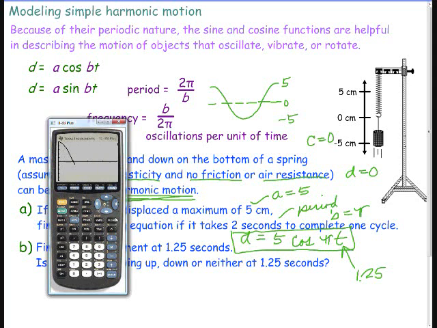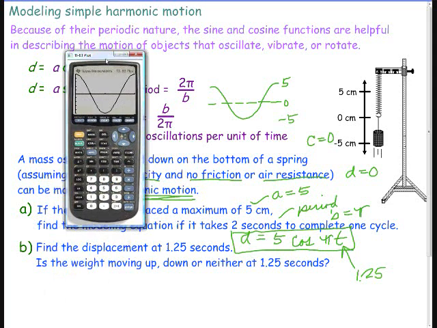Okay, and we'll graph this. So now, with the graph in front of me, find the displacement at 1.25 seconds. Okay, let me put it into trace, and I'll put in 1.25.